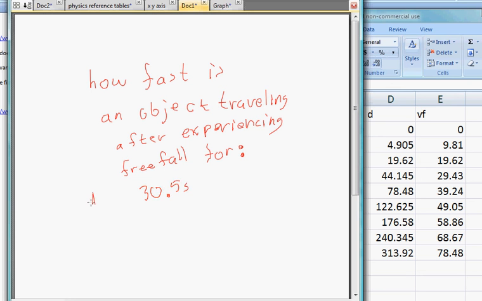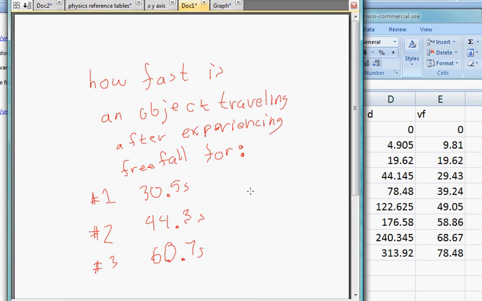This will be number 1. Number 2, 44.3 seconds. And number 3, let's go with 60.7 seconds. Okay. So, how fast would the object be traveling after experiencing free fall for this amount of time?